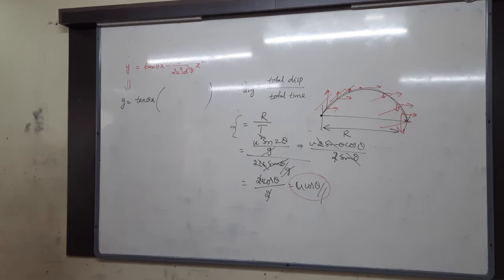tan theta into x into 1 minus x by R. Correct?